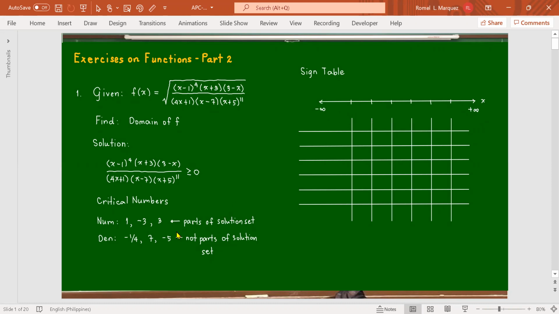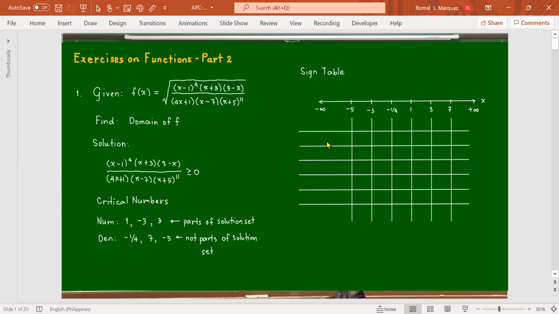The smallest number is −5, then the next number, greater than that, −3, followed by −1/4, then 1, then 3, and the last one, 7. So we have arranged the critical numbers on a number line from lowest to highest.